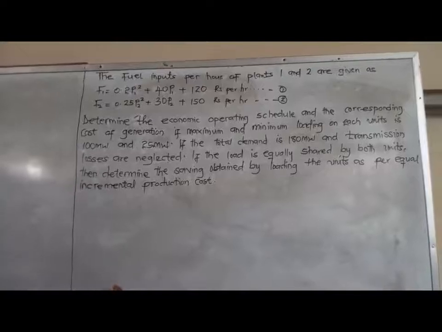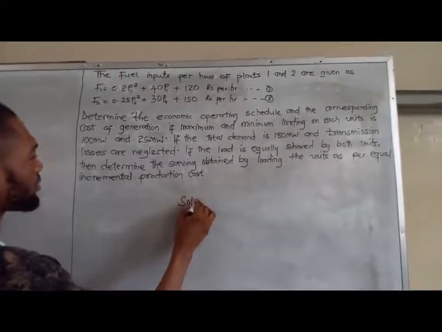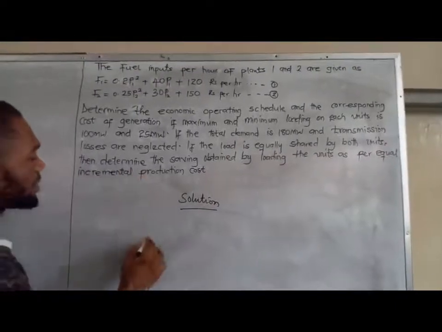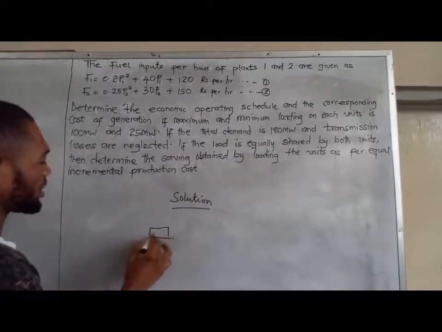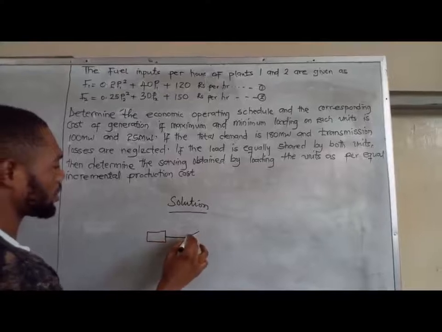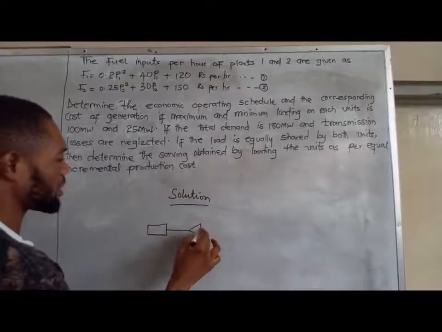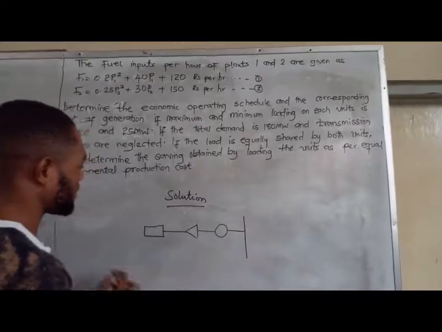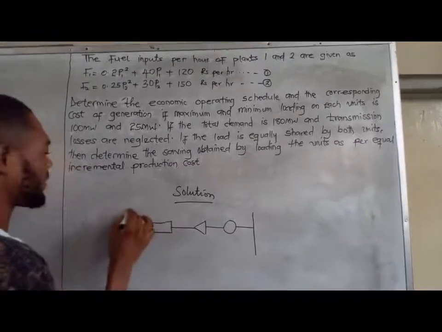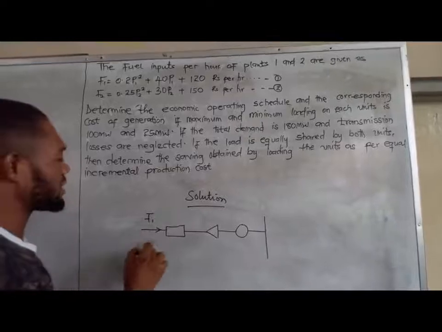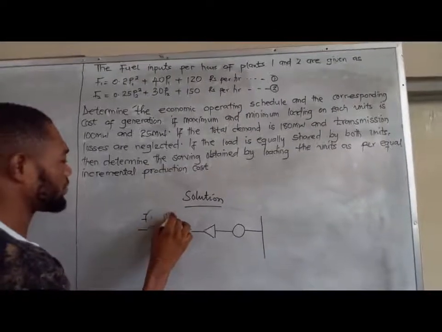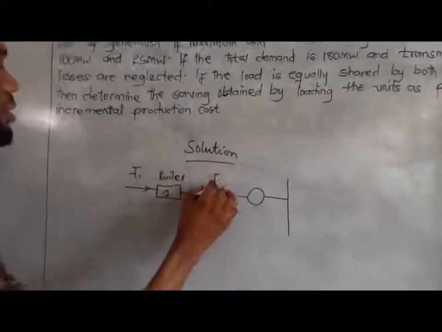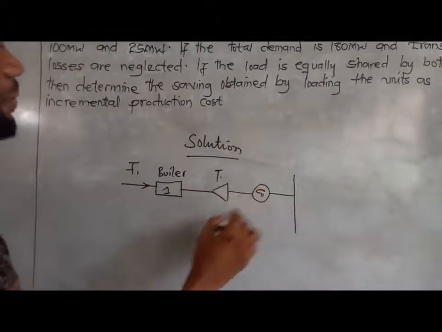So this is what we are talking about. In the solution diagram, because it's a thermal generation, we have this as our boiler. Then we have a thermal here, a generator here, and a bus bar. There's a certain F, that is F1, injecting into the boiler. So this is boiler 1, then thermal 1 and G1.